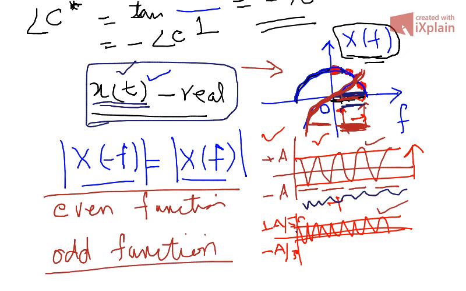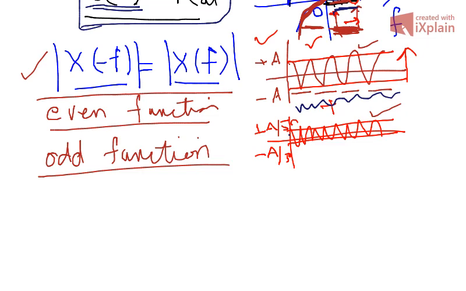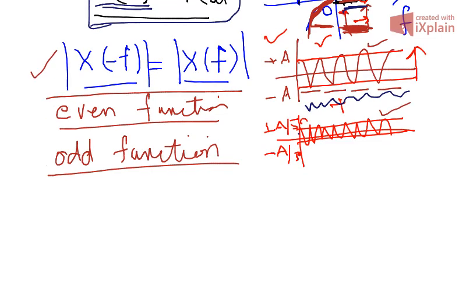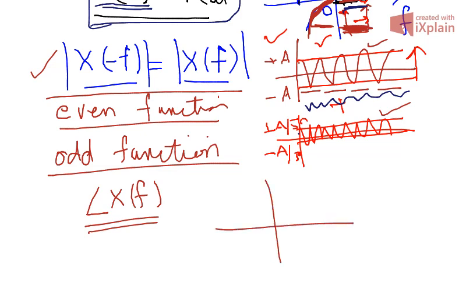So this is for real signals. The amplitude response is an even function, and the phase response is an odd function. If you observe the angle of X of f, the phase spectrum, it looks like this. So it is an odd function.